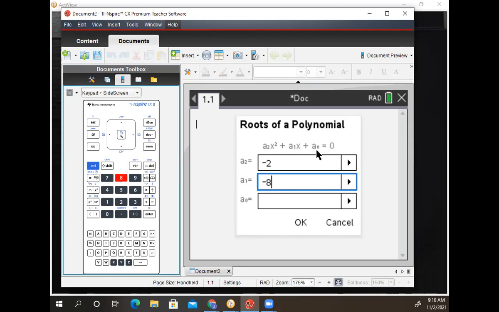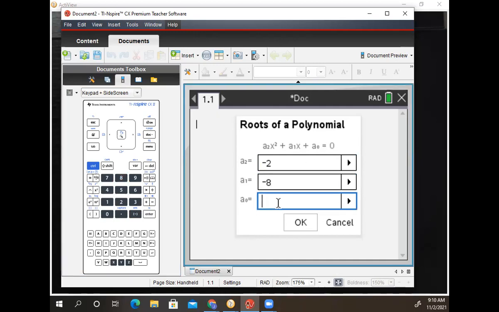And then plus A0, that is my constant term. My constant term for this problem was -10, so I'm going to type in -10. Then hit enter or OK once you've entered your coefficients. Again, be careful, make sure you use the negative and not minus.